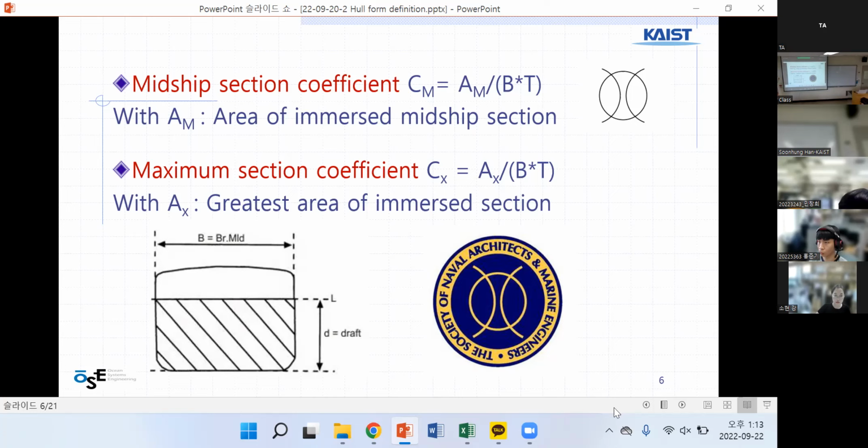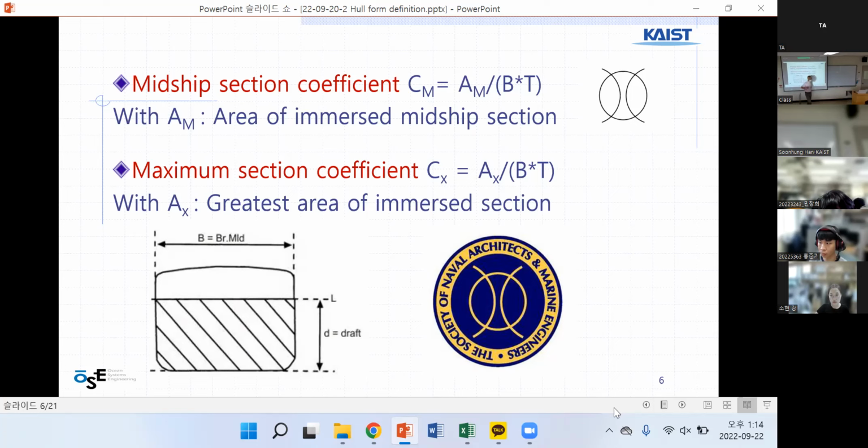But for myself, what can CM be? I should have a rectangle around the middle part of my body, and then cut the sectional area. It is not so high like this. It can be 0.8, depending on the shape. Maximum section coefficient is very similar to big ships, midship or maximum area.